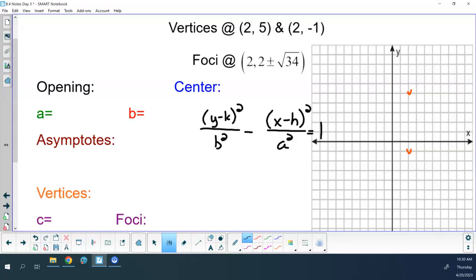Halfway between those two is going to be the center, right? So that puts my center at 2, 2. That means that my B value is 3.